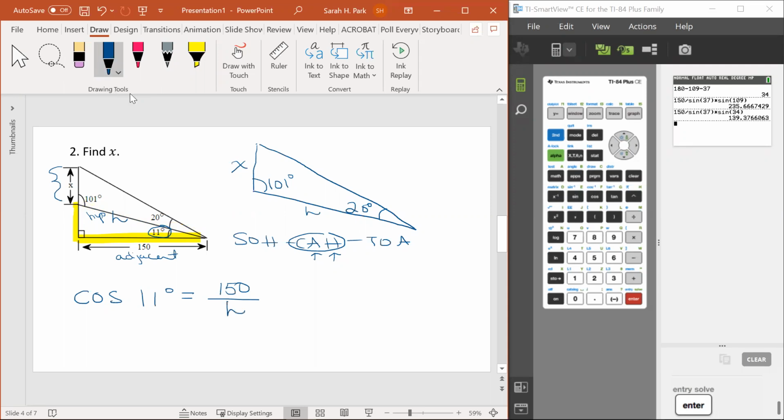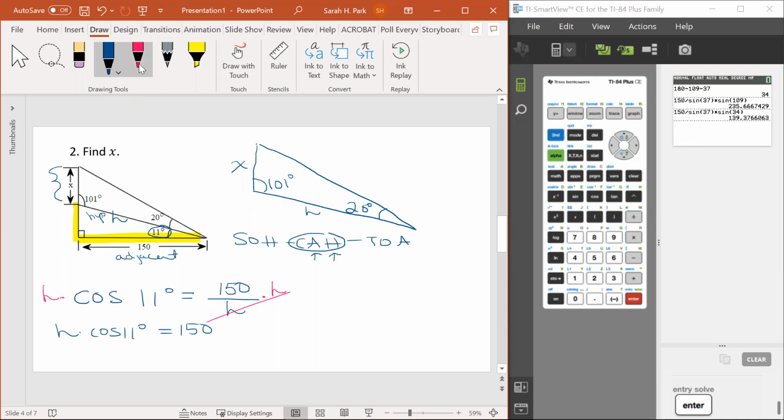And now we can solve for H. Because H, the variable we're solving for, is in the denominator, we first multiply both sides by H. We have H times cosine of 11 degrees equals 150.